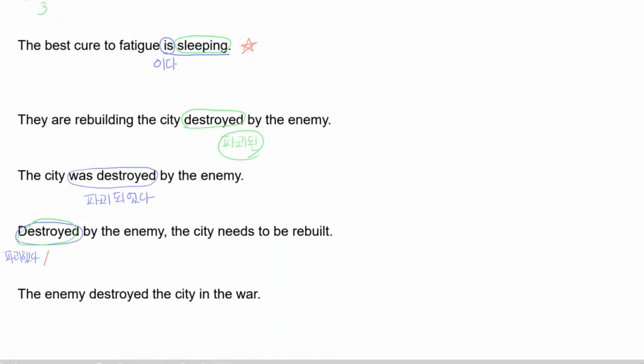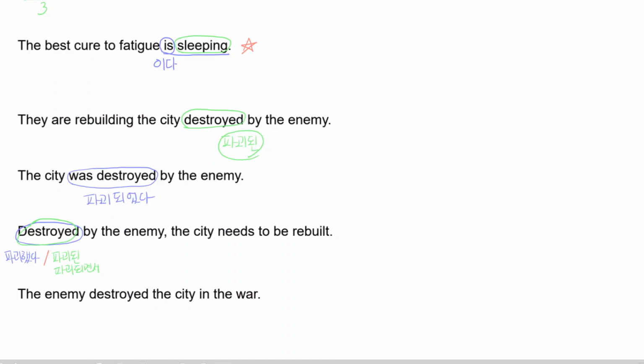If it's green, 파괴된 or 파괴되면서. Which one is correct? What do you think? 파괴했다. 적에 의해서. 파괴된 적에 의해서. 파괴되면서 적에 의해서 파괴되면서 그 도시는, this is right.